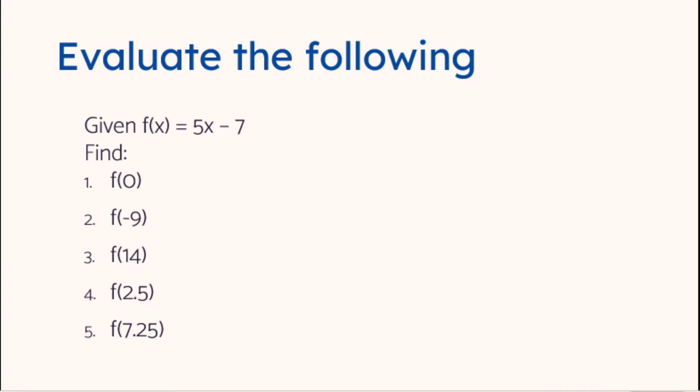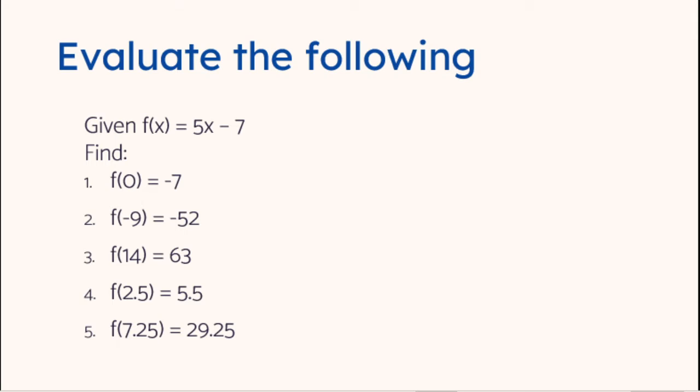Okay? For number 1, we have -7. Okay, damo naka-correct. Number 2, f of -9 is -52. So, be careful sa sign. Ara sa inyo, +52.